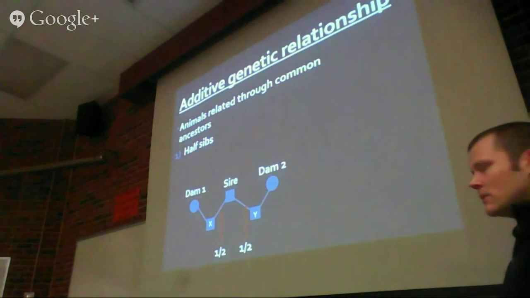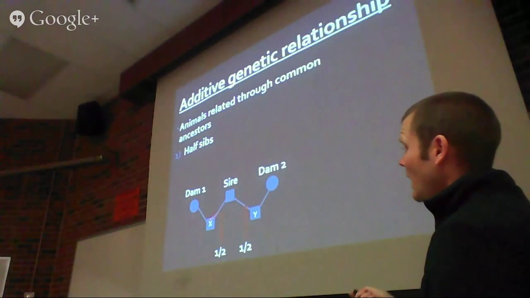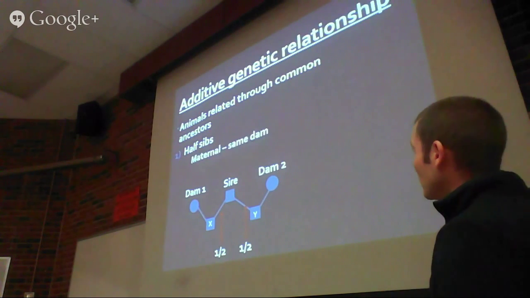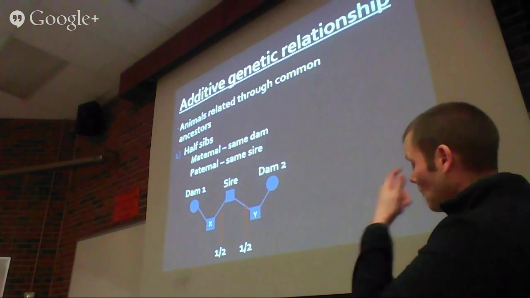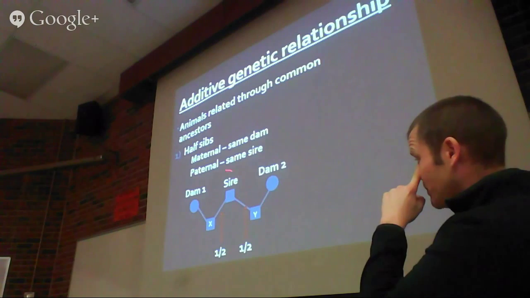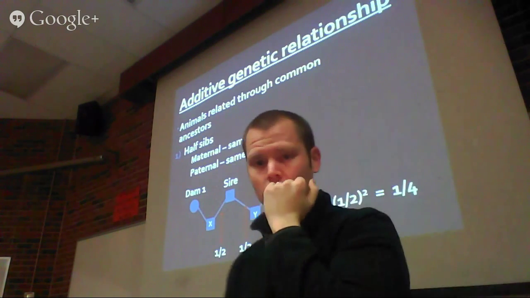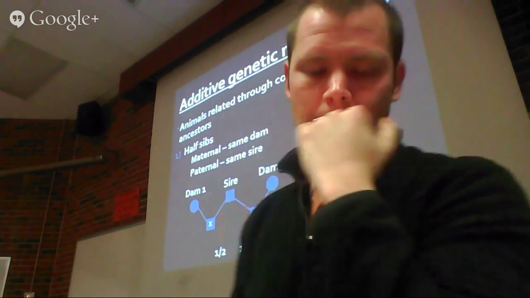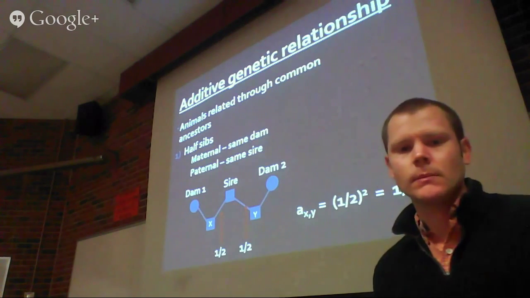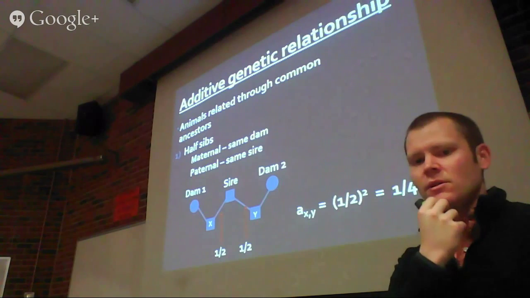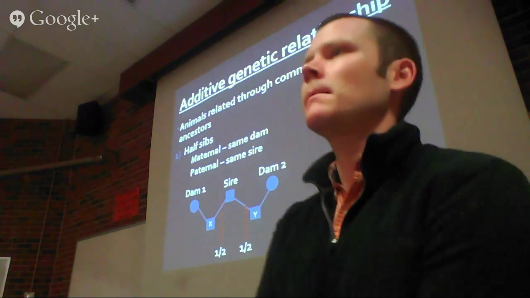We've still got a line here counted as half, a line here counted as half. So these would be paternal half sibs, and they still share 1/4 of their genes in common.